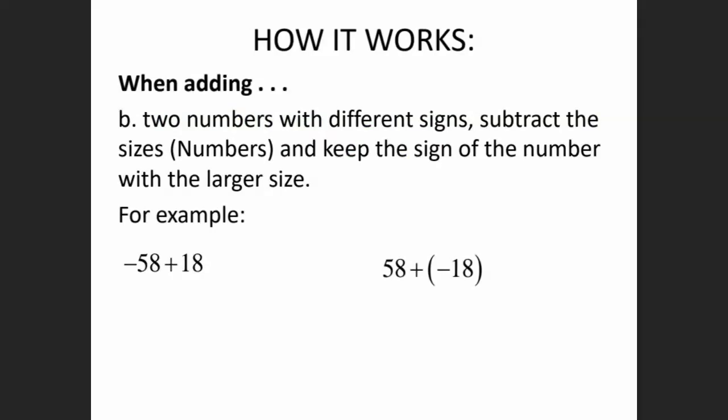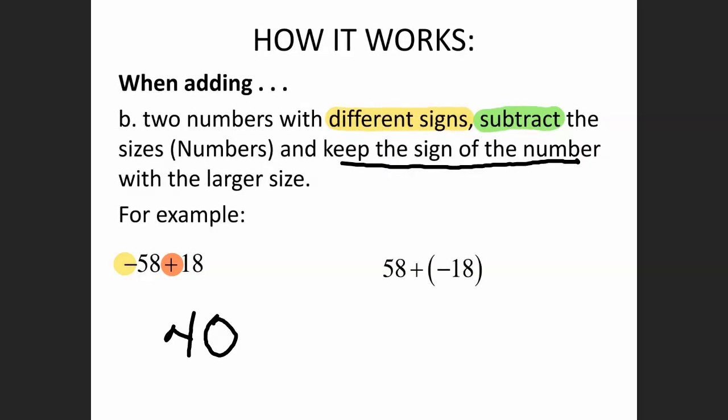Now, what happens if I have different signs? Just like here, I have a negative and I have a positive. Well, this is where you have to understand that in math, when signs are opposite, we are subtracting, which means I take 58 and I take 18 and I subtract them, and that will give me 40. But I keep the sign of the number with the larger size.